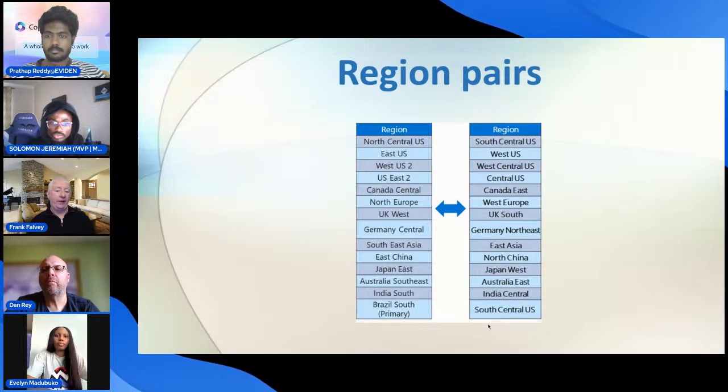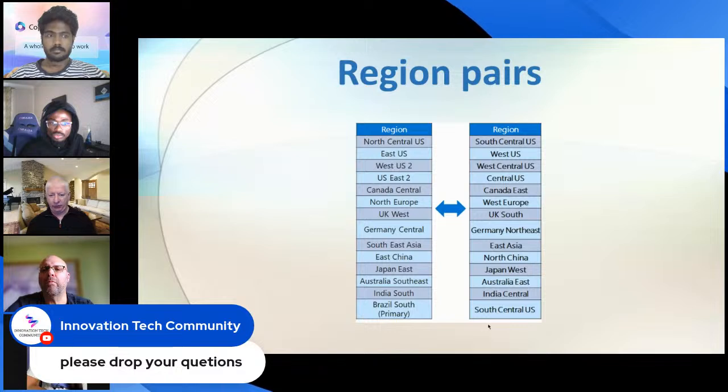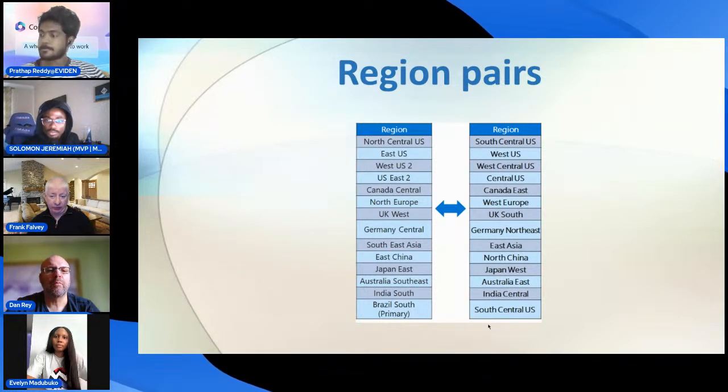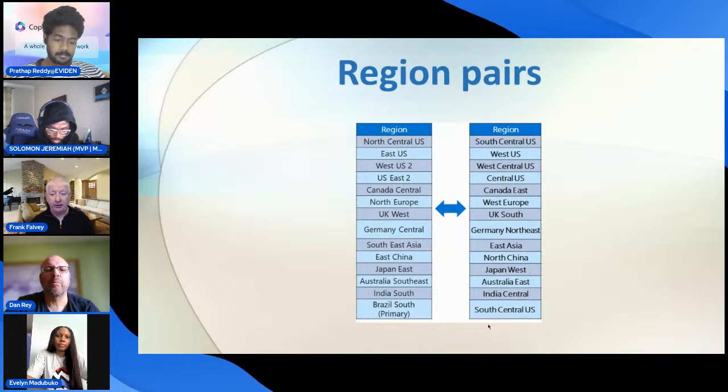As you can see where the arrows are in the middle, I'm in Northern Europe. If I am going to fail over, I could fail over either to Western Europe or UK South, where Solomon is. Western Europe is the Netherlands, which is not too far from Ireland.